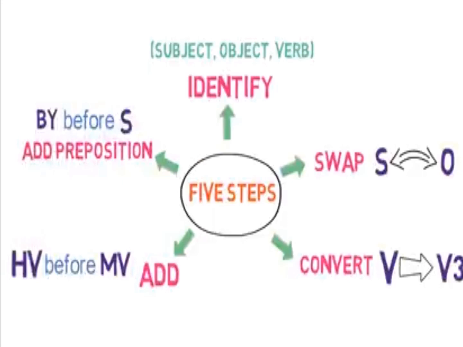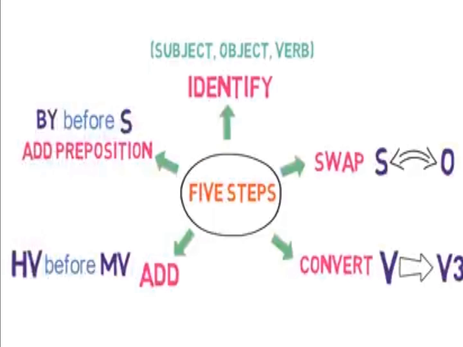In the previous slide, we have seen subject, verb, object. That is the pattern, that is the formula. That is the sentence pattern. Here, I am telling you that you have to identify 3 things. What 3 things? Subject, object, and verb. Object will be at the last in an active sentence. Verb will remain in between.